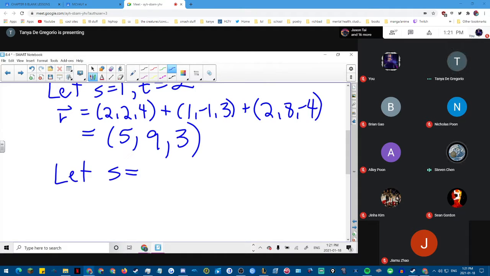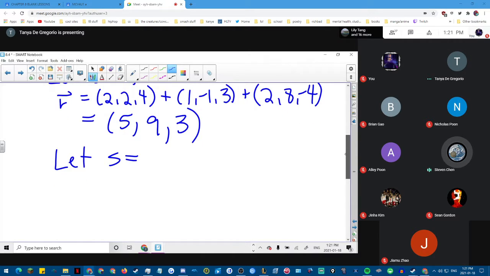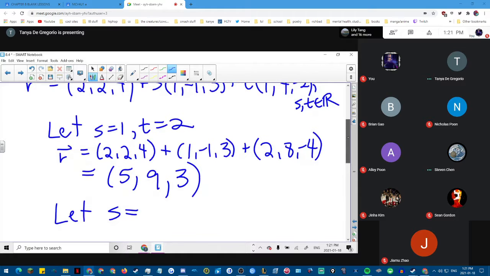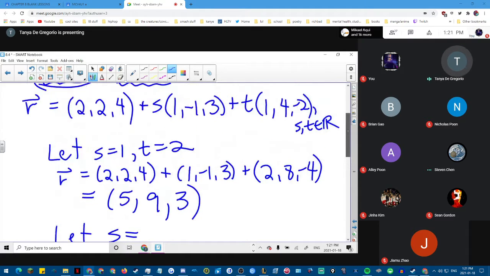Sorry? Miss, for the points, so you can pick like anything? You can pick anything. You can let S and T equal whatever you want. You can even let S and T equal 0. Wait, those can be 0? So like for this one, T can be 0, but for the other one, it can't? No, you can choose one of them to be 0.